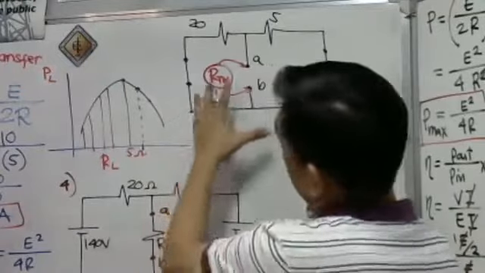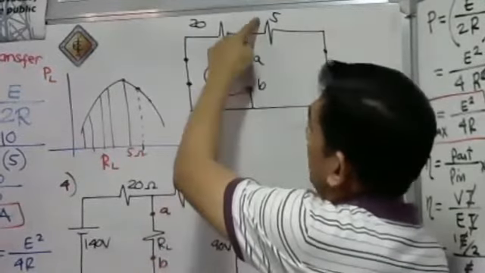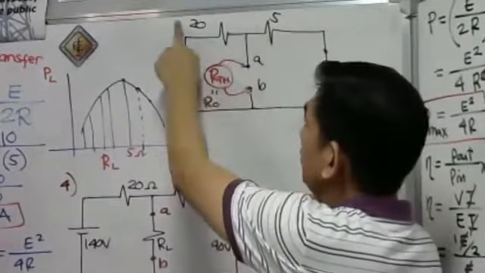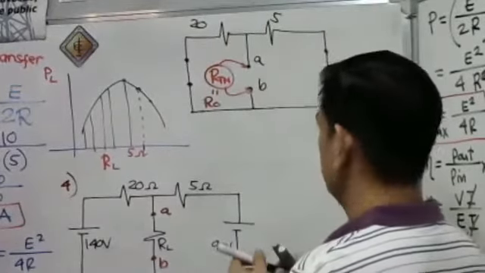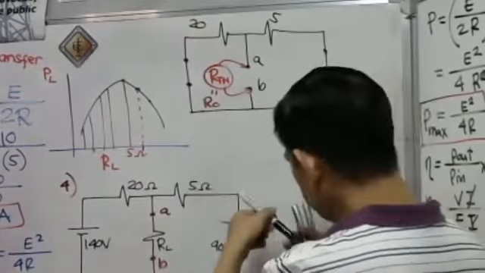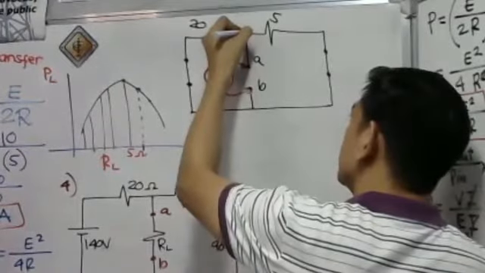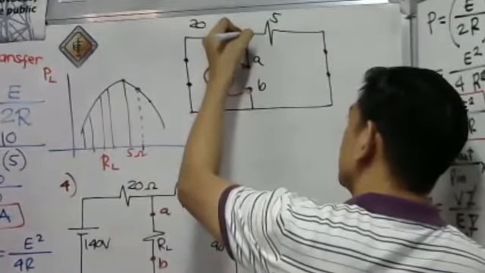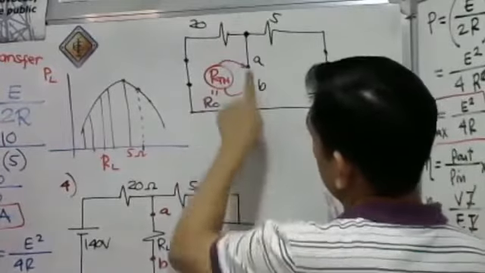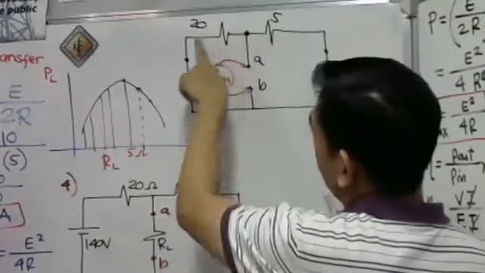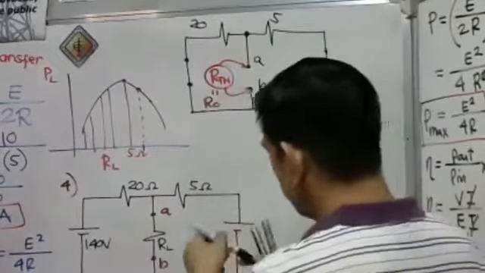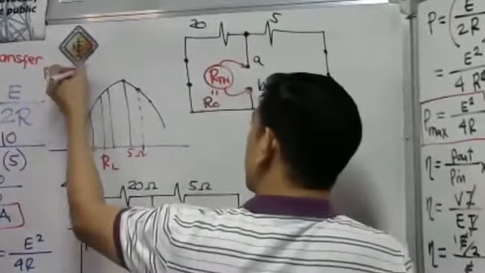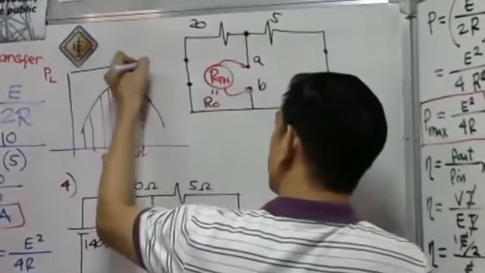What can you say about the connection of the 20 ohm and the 5 ohm resistor here? What can you say about their connection? You will see here a parallel circuit, because this is a common node of 20 and 5, and this is just a line. I said before that a straight line is just equivalent to a dot.